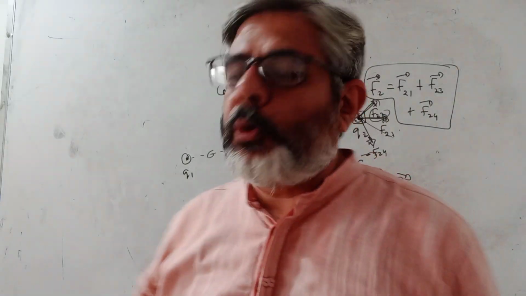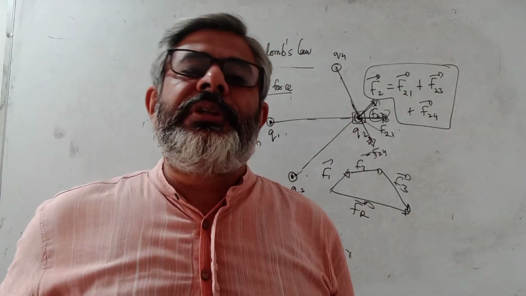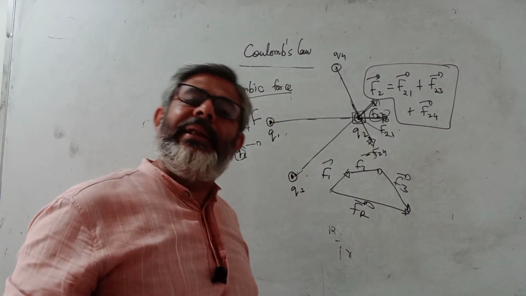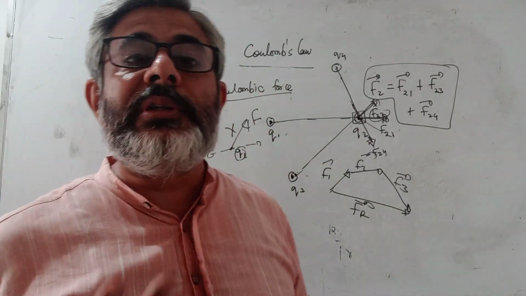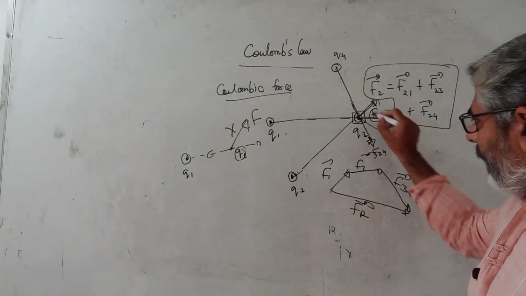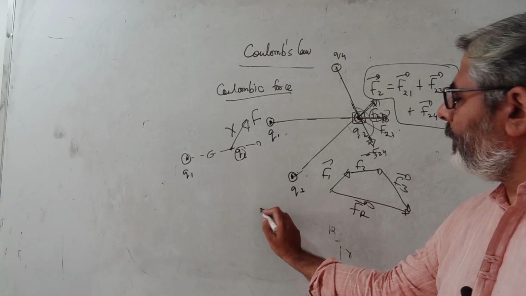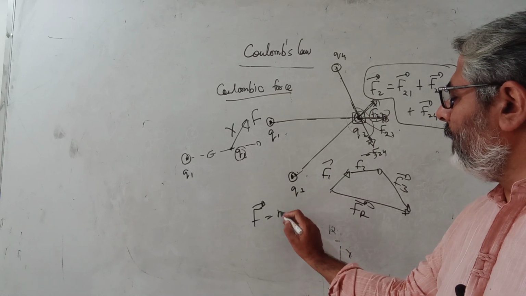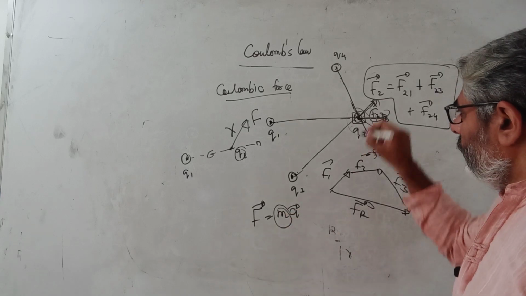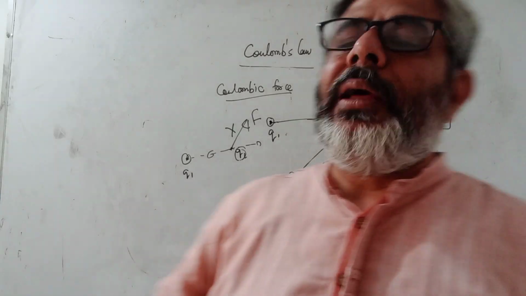And one last point before I close this video, and that point is this force will create an acceleration according to Newton's second law, that is F is equal to ma. So once you are able to find the net force on this charge, then you will write F vector is equal to mass into acceleration vector. Now you will think, where is this mass coming from? Every charged particle has a mass.